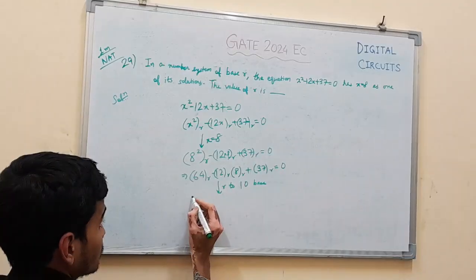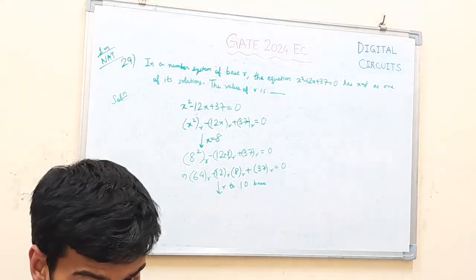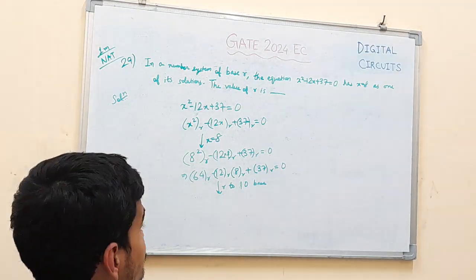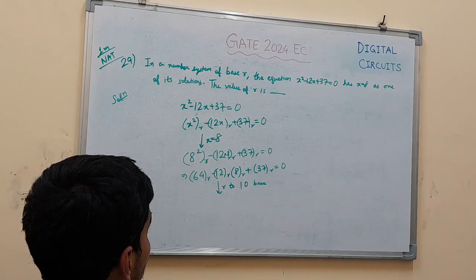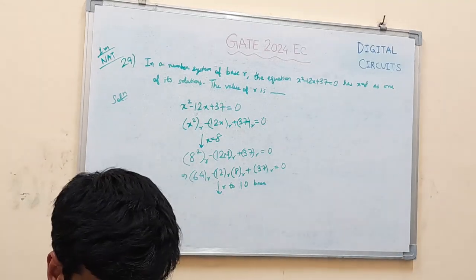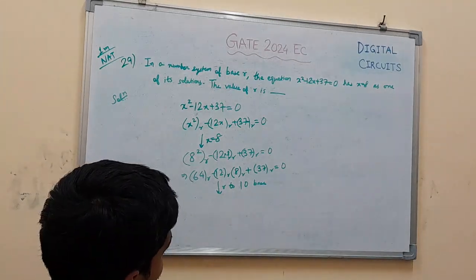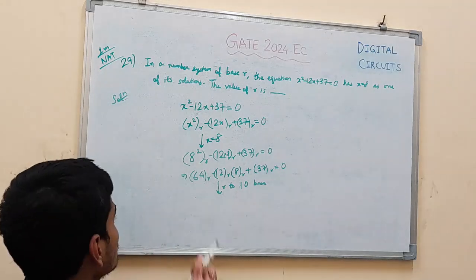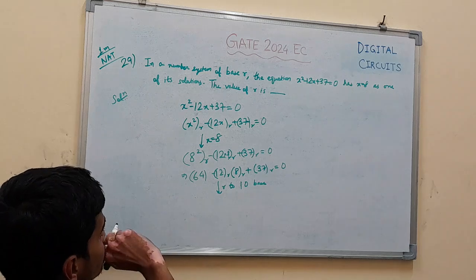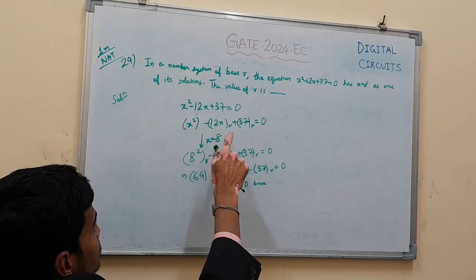Okay, this will be what? 64, actually I think it is in base 10 only, means it is not defined actually.